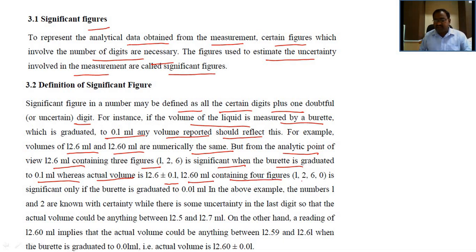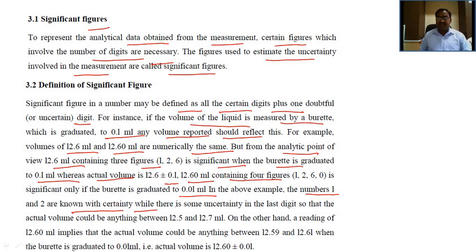12.60 ml containing four figures is significant if the burette is graduated to 0.01 ml. In the above example, the numbers 1 and 2 are known with certainty, while there is some uncertainty in the last digit, so that the actual volume would be anything between 12.5 and 12.7 ml.